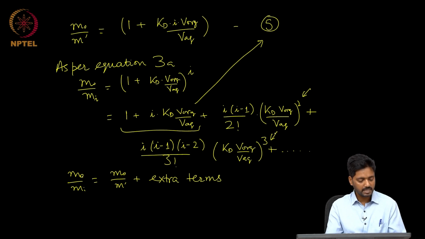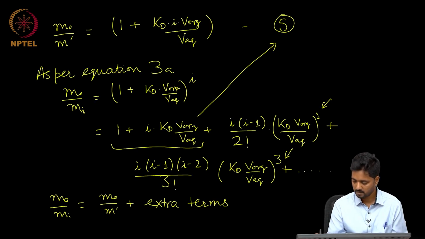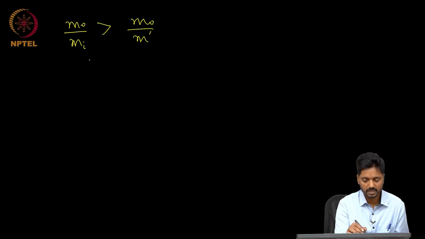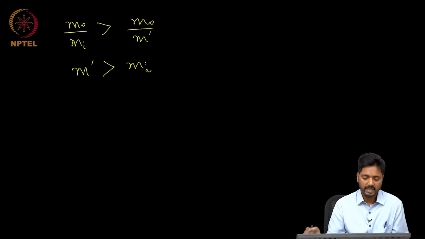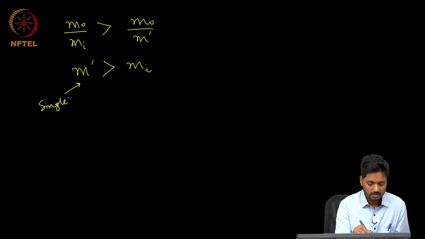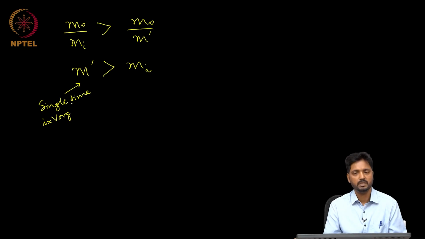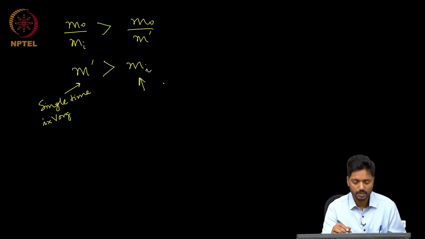So, what we see here is that m naught by m I will turn out to be greater than m naught by m dash, or in other words, when we rearrange this, m dash will turn out to be greater than m I. So, extraction a single time with I into V org volume of the organic solvent results in more solute remaining unextracted in the organic layer compared to the same volume of organic solvent used multiple times.